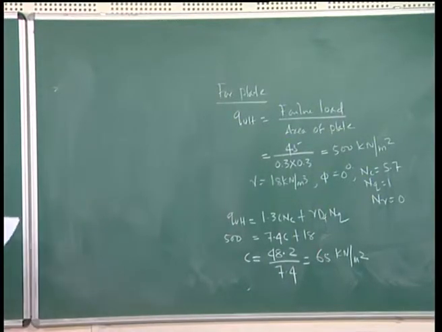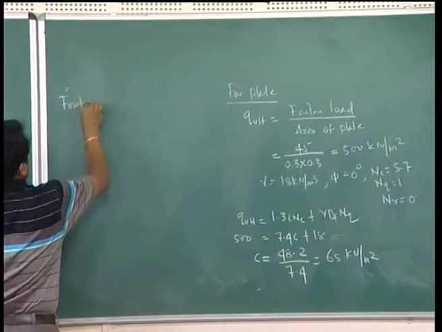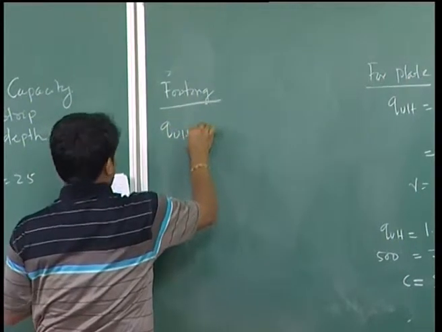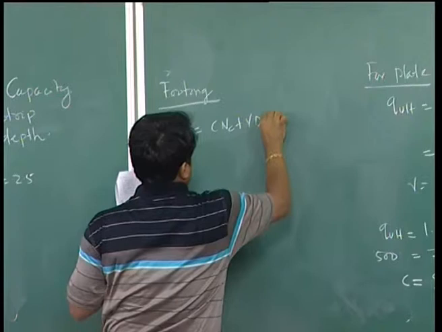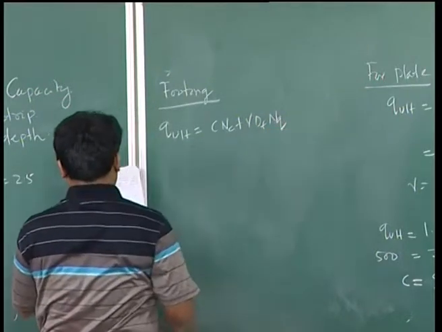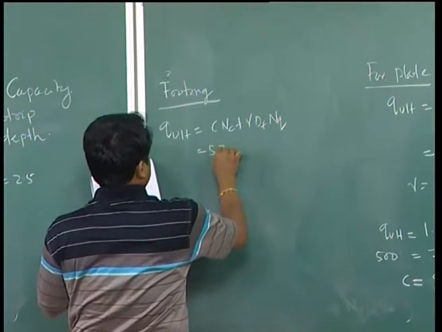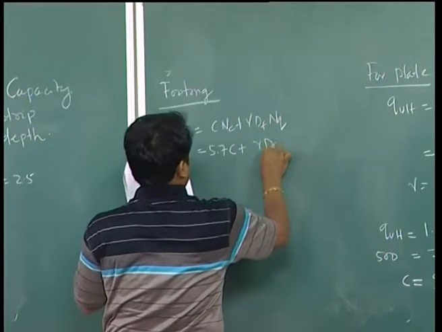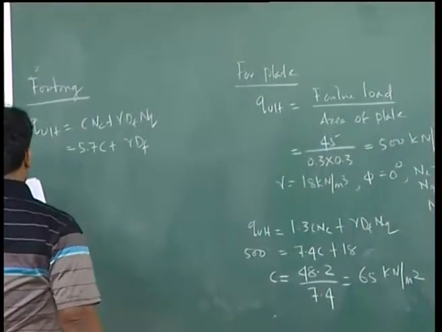Now for the strip footing, we can write for the footing Q ultimate is equal to c Nc plus gamma Df Nq. So which is equal to 5.7 c plus gamma Df, because Nq is equal to 1 and Nc is equal to 5.7.